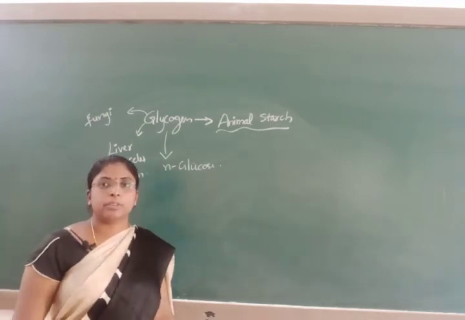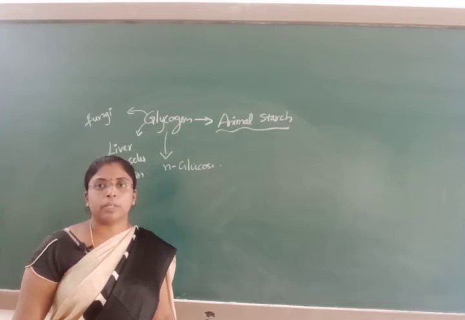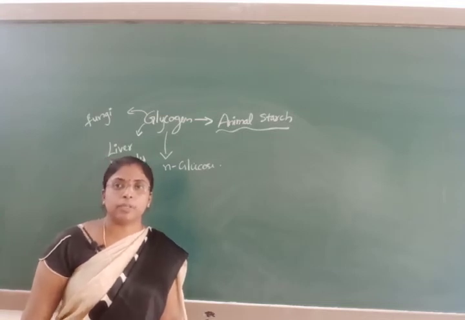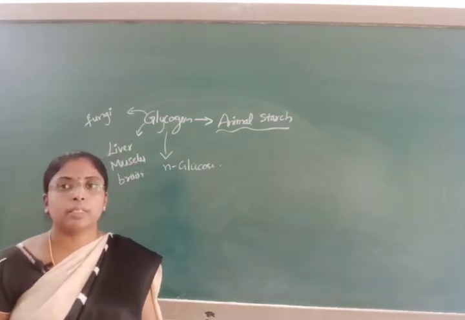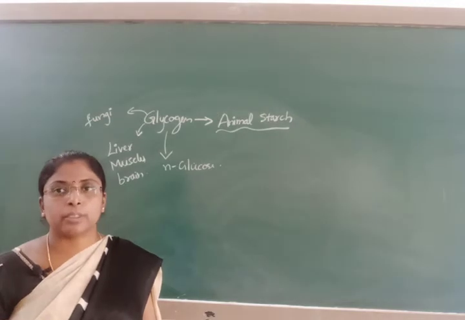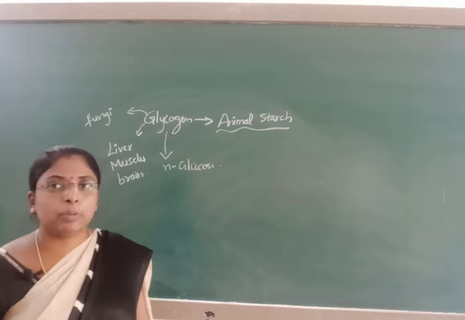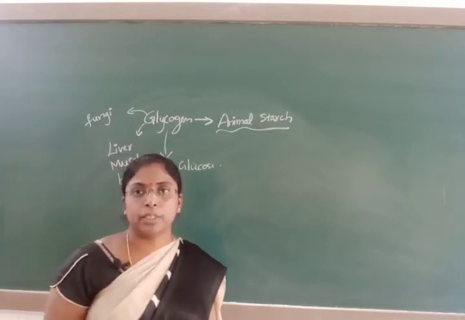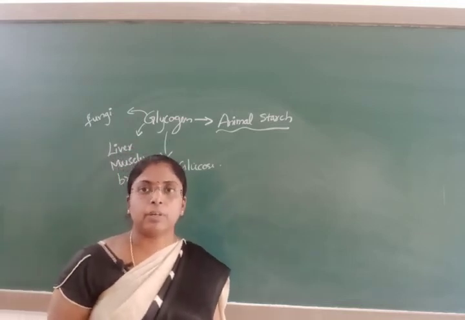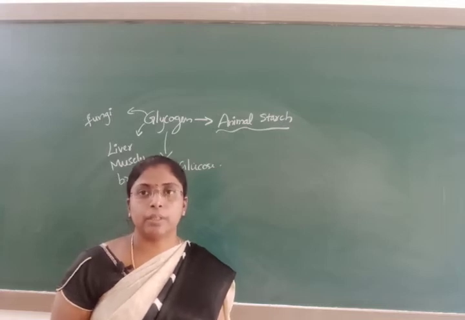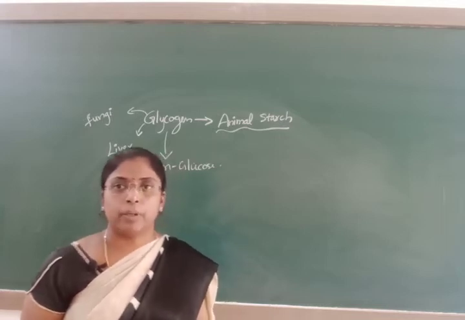Glycogen on hydrolysis produces n number of alpha D glucose units. The structure is similar to that of amylopectin. In amylopectin, we have seen that branching takes place. Similar to amylopectin, glycogen is also a branched chain polymer.